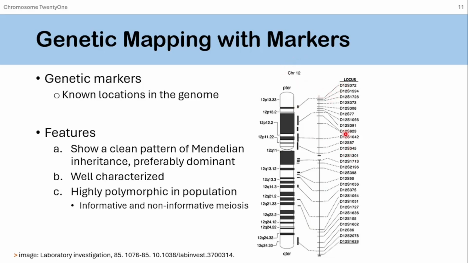Now again, these genetic markers can only be used to map genes that are present on chromosome 12 and not on any other chromosome, because then those genes are not linked. So there comes the linkage problem, that we can only map linked genes. We can only find genes that are present on the same chromosome.